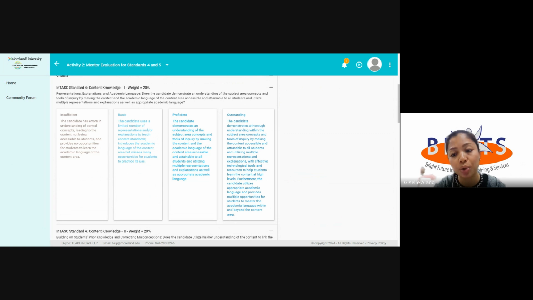Remember that when you give instructions, you're also using academic language. So things like summarize this text for me, or predict what's going to happen next, identify, compare, and contrast. These are all words that you use in your instructions during bell ringers, or speaking activities, or other activities in your class.